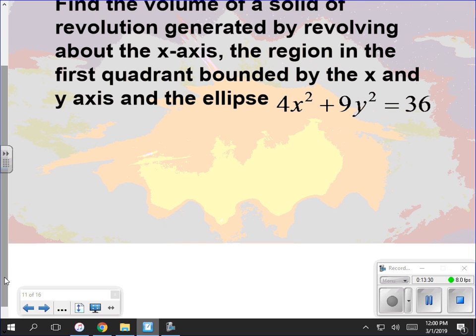Well, I can tell you exactly what it's asking for. It's asking you to draw a friggin' picture. X-axis, y-axis. The curve, 4x squared plus 9y squared equals 36.